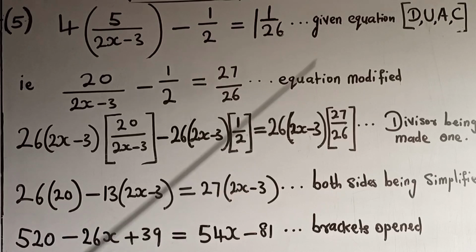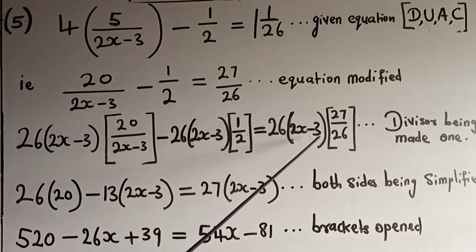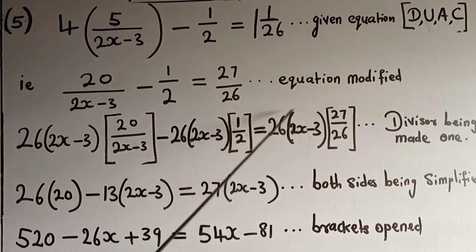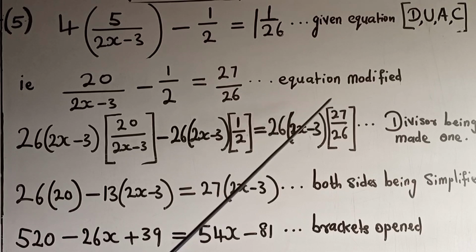Now, let's move to the third one, the right-hand side. Here we have 26 dividing 26 is equal to 1. 1 times 27, 27. 27 times 2x minus 3 is 27 bracket 2x minus 3. Therefore, in summary, both sides have been simplified.